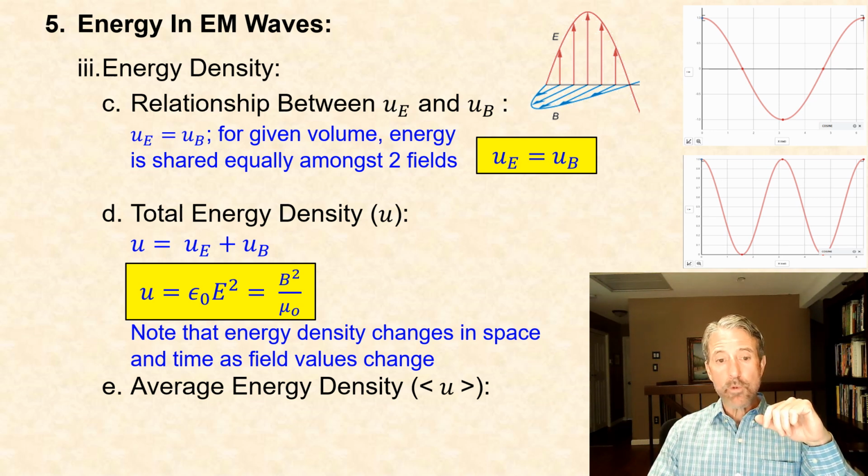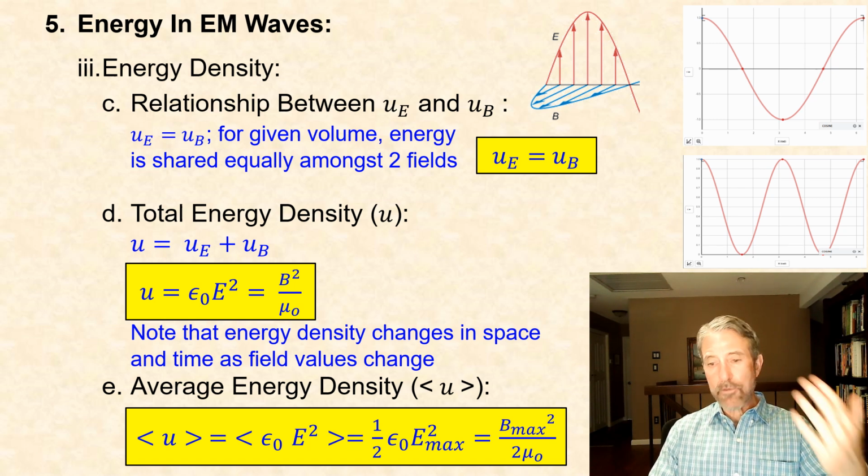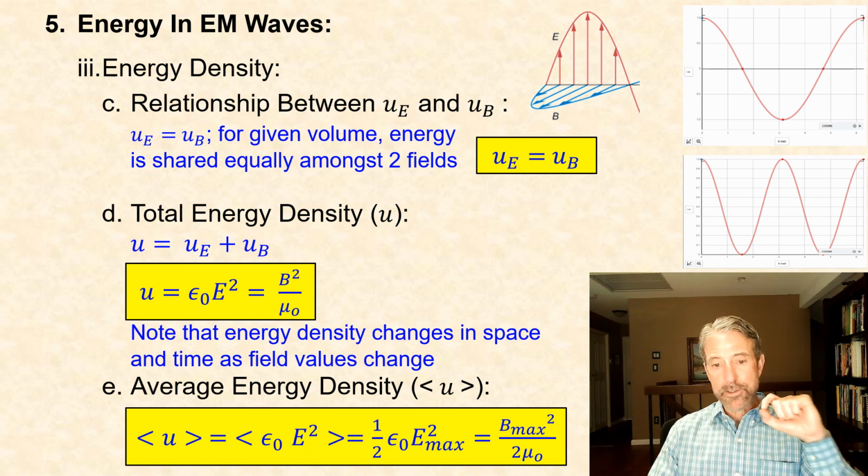So here, if we want to find the average value of the total energy density u, in other words, the average value of, say, epsilon naught E squared, we can say that that's going to represent 1/2 of the maximum value of that expression for the electric field. So we can say here it's going to be 1/2 of E max squared, which is going to give us this expression of 1/2 epsilon naught E max squared.